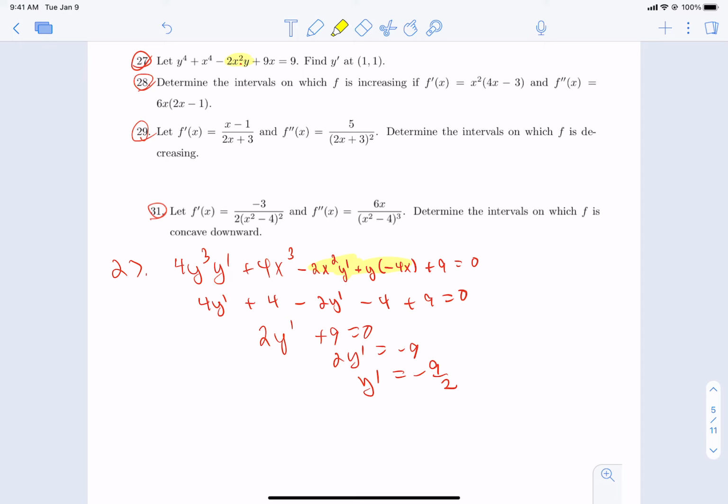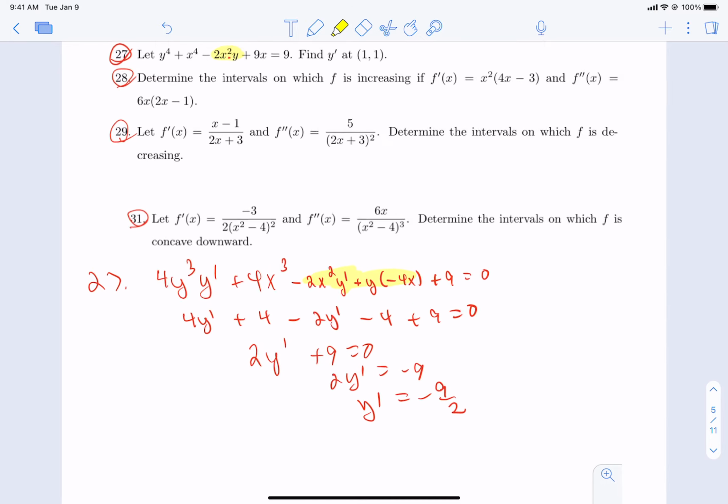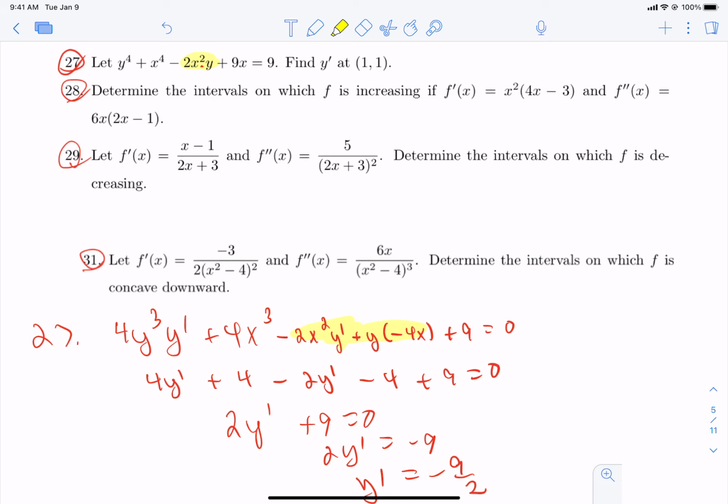For 28, it says find the intervals on which f is increasing. So for increasing, we do not care about the second derivative. So we're only going to be focusing on what's happening at the first derivative. So that's the plus and minus chart that you guys know and love so very well.